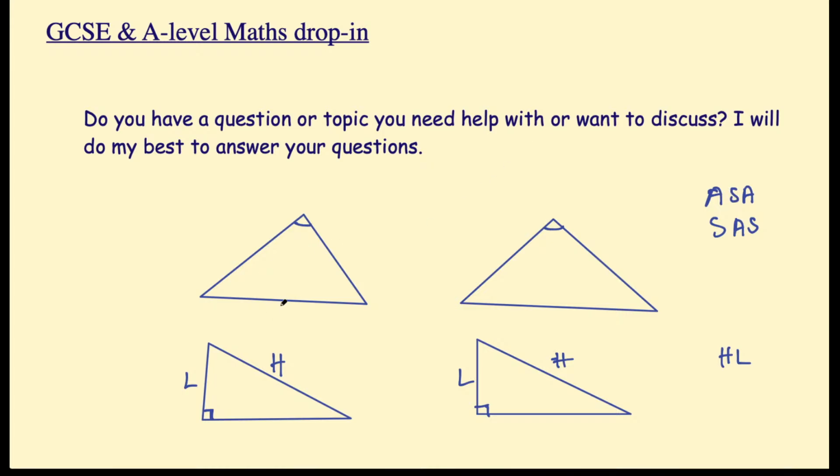Is there one for two sides and then an angle the same? Yes, that would also be congruent, right? Side, side, angle? Or would it be? No, because that could be any length.